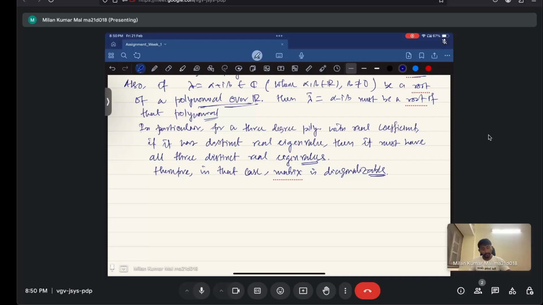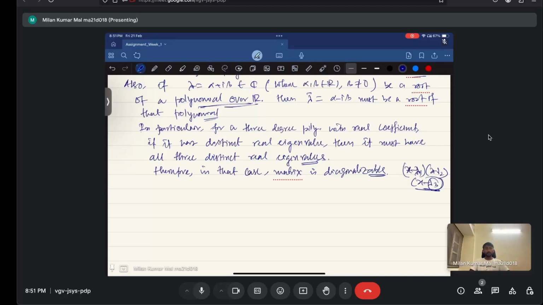If x minus lambda 1 and x minus lambda 2 are factors, then the other factor will be x minus lambda 3, and this lambda 3 must be real, because otherwise, if it is complex, we should have another complex root, lambda 3 bar. But lambda 1 and lambda 2 are real, so they cannot be lambda 3 bar.